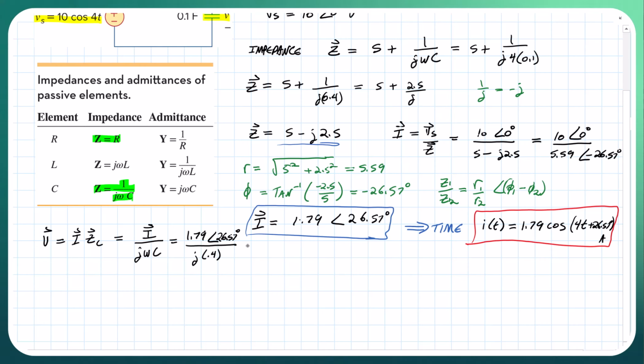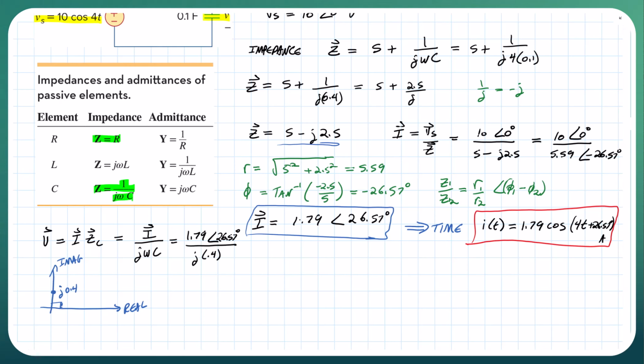Again, we can do the conversion, or we can look at the real and imaginary axes here. I can just redraw this here. This is our real, this is my imaginary, and we got j 0.4 here, so that means we have 90 degrees there.